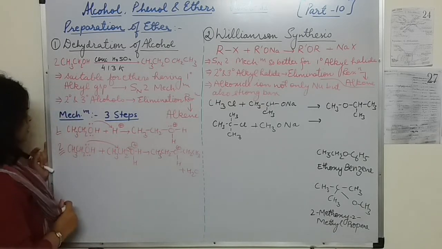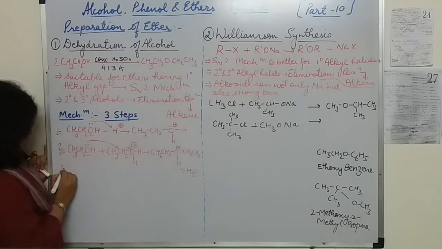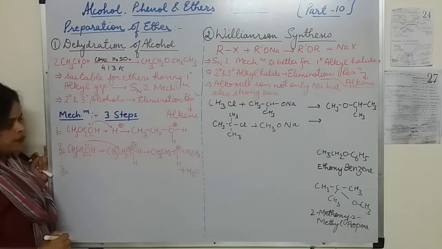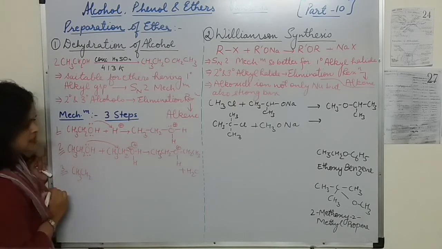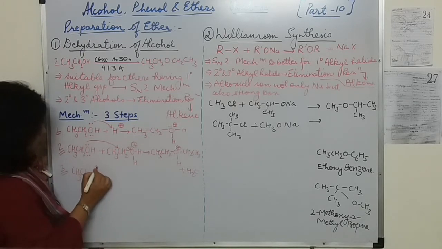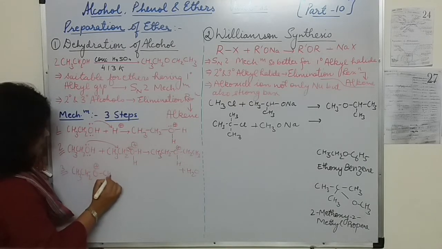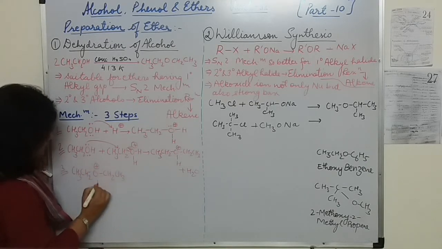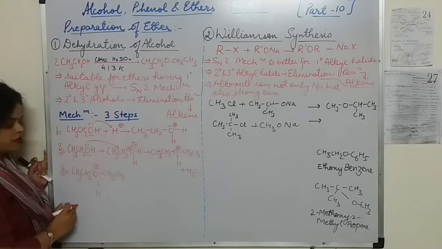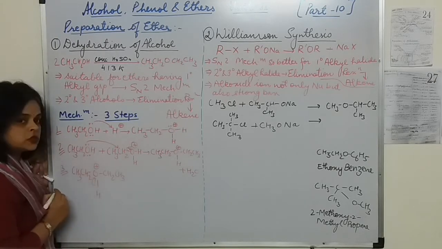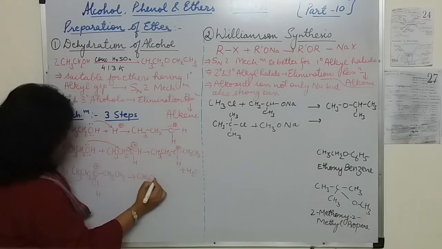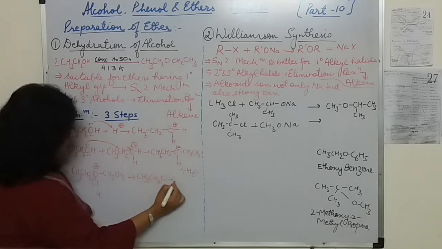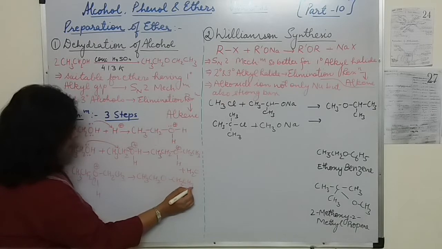Now, the third step is the elimination of proton. Let's draw the structure of this second oxonium ion: CH3CH2O positive charge CH2CH3. Now, with the elimination of proton, this bond shifts and it forms CH3CH2OCH2CH3.